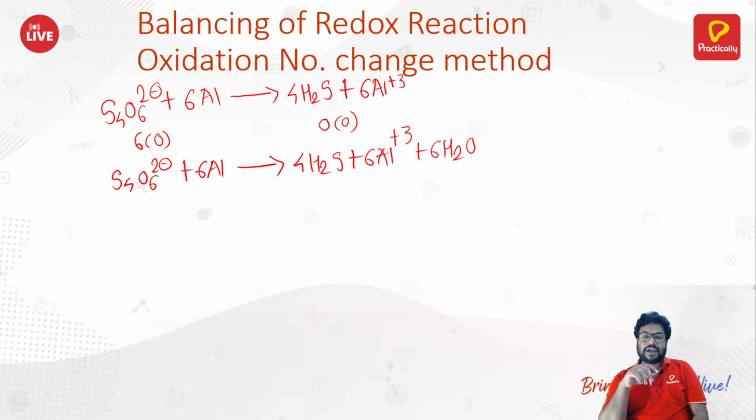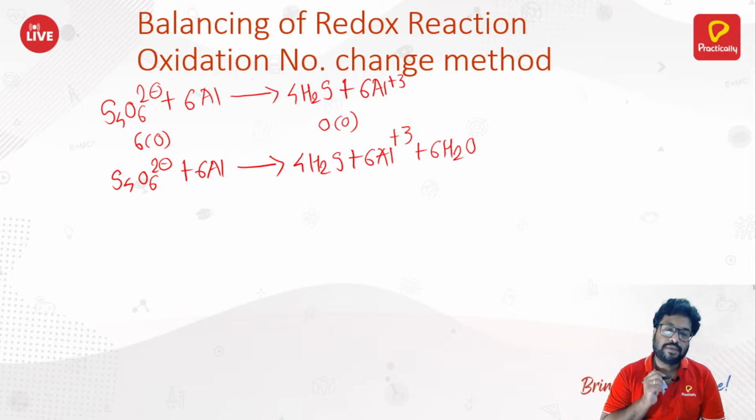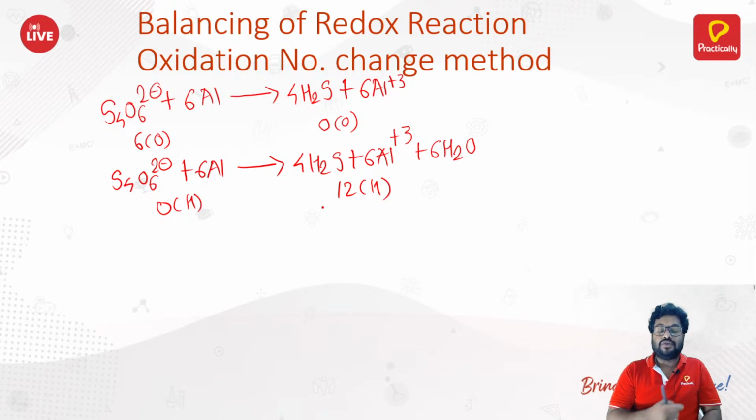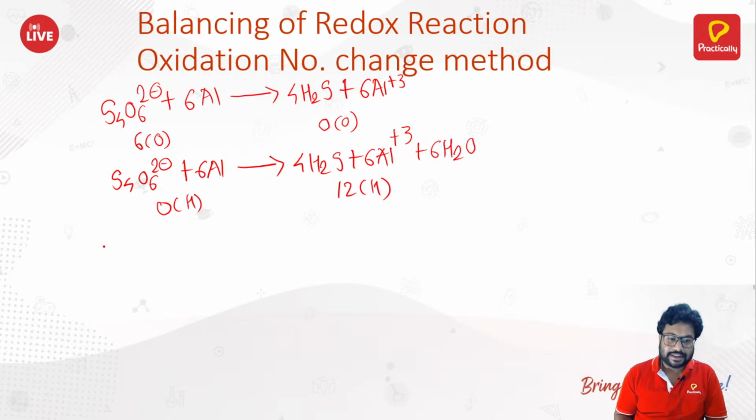What you need to balance now? The hydrogen atom in the last step. Now you can see here, you got 0 hydrogen on the left hand side, but you got the 12 hydrogen on the right hand side. So how can you balance this? By adding the 12H plus ion on the left hand side.